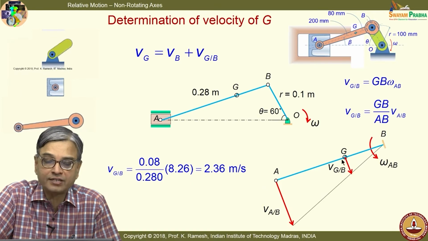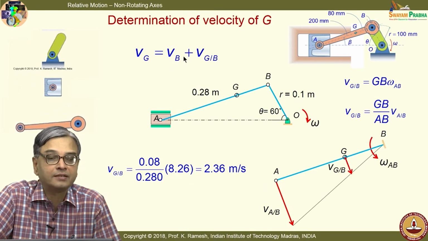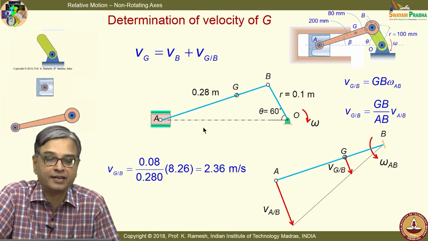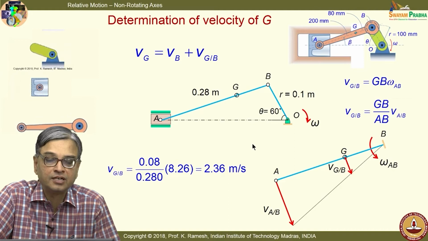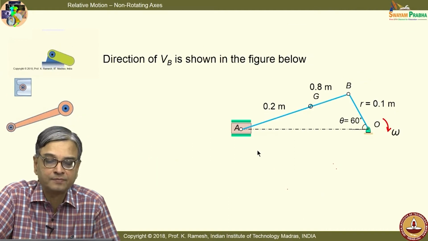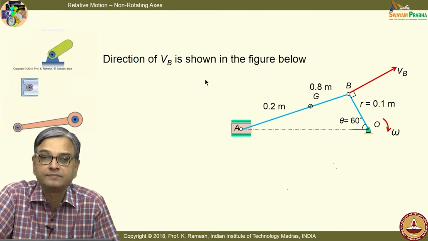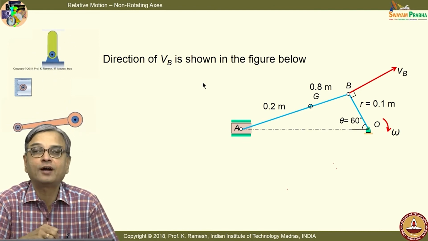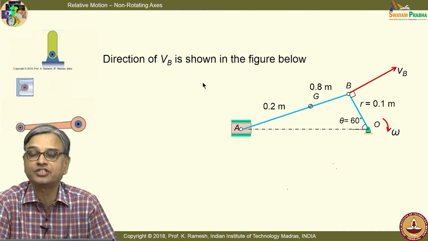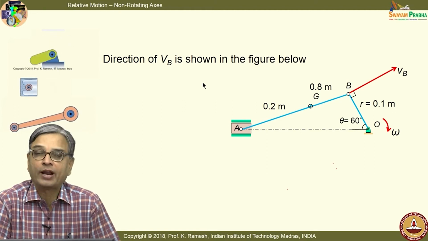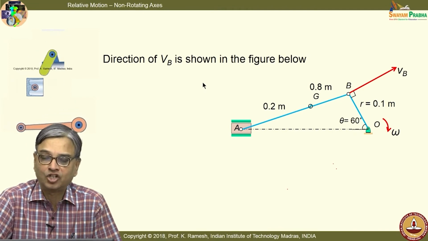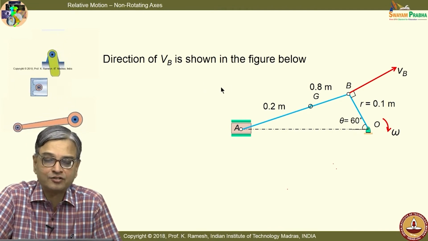Once you know the relative velocity, you already know Vb, so I can find out easily what Vg is. There is no great big deal in getting that. That is what is done in the next slide. We already have the direction of Vb. I would like you to make neat sketches. You have to be trained as engineers to draw neat sketches. What I have done are also neat sketches. I have not taken any geometric assistance to draw them.